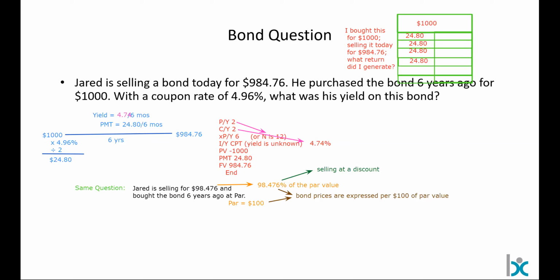Whereas I might have a bond priced at whatever, 103.544, and that would be selling at a premium. Okay, that's all good?